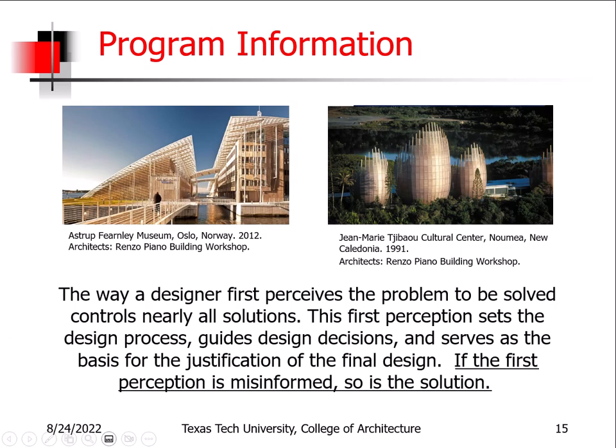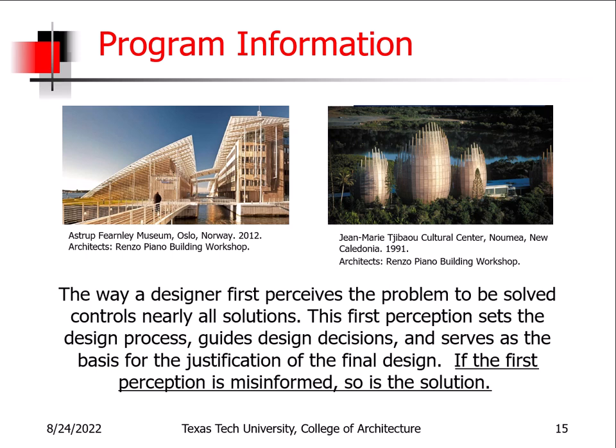The way a designer first perceives the problem to be solved controls nearly all solutions. This is a really important idea because your first intuitive perceptions of what the problem is or what the design is supposed to be controls nearly all your solutions.